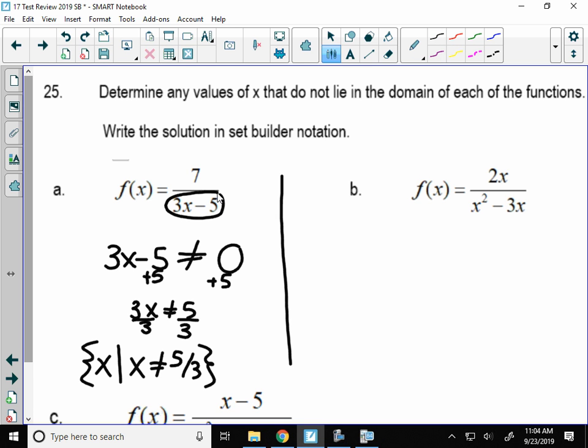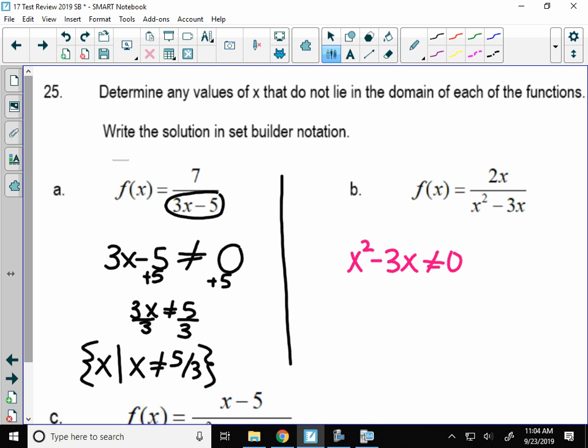Okay? B here is similar. Now that we've got that down, ignore the numerator. The 2x in the numerator does not matter at all. We'll deal with that in pre-calc next year, not this year in Algebra 2. So I take my denominator and set it not equal to 0. Now the tricky thing about this one is there's a square.